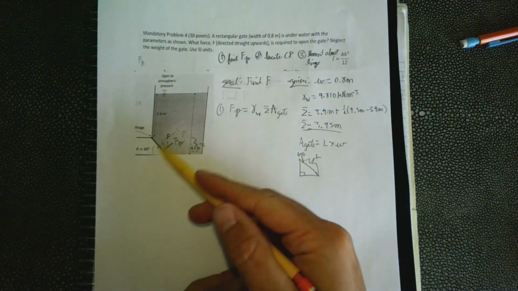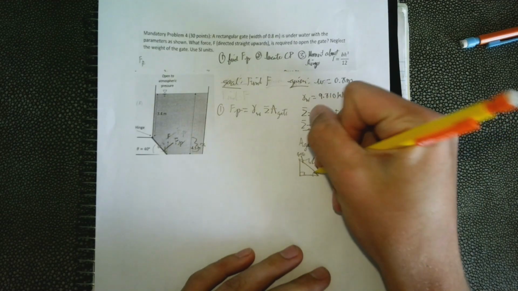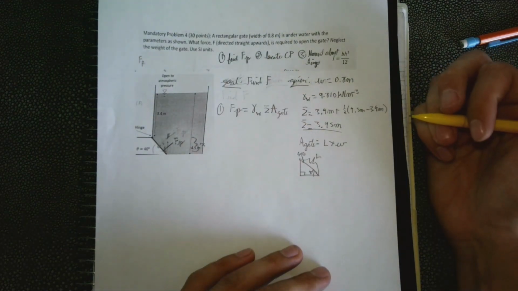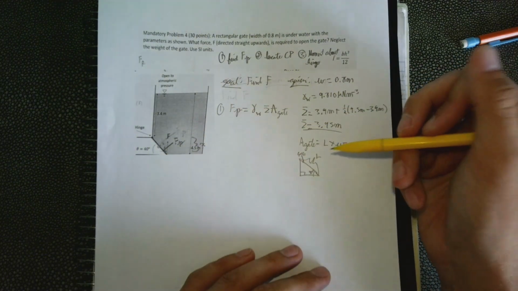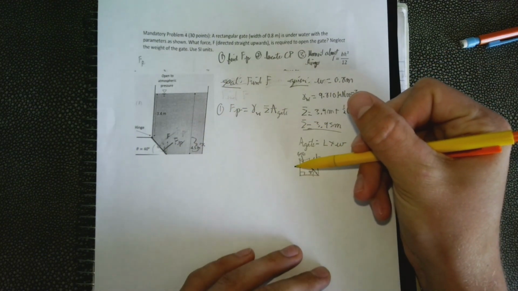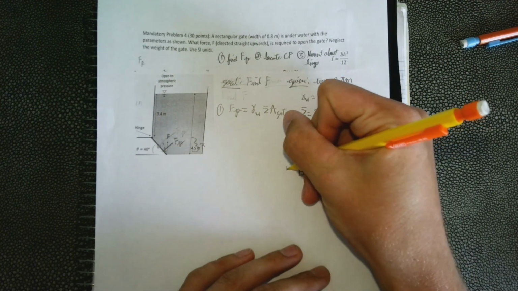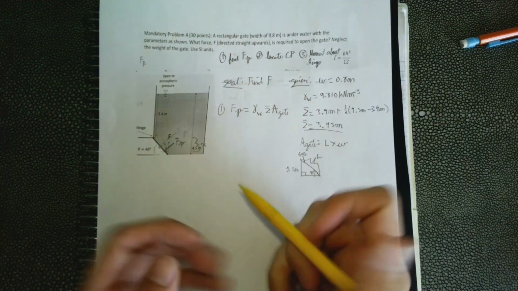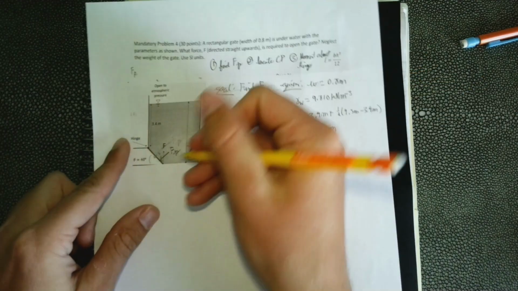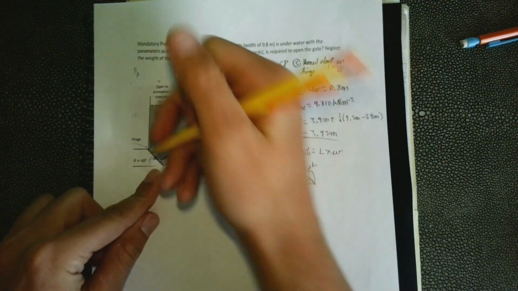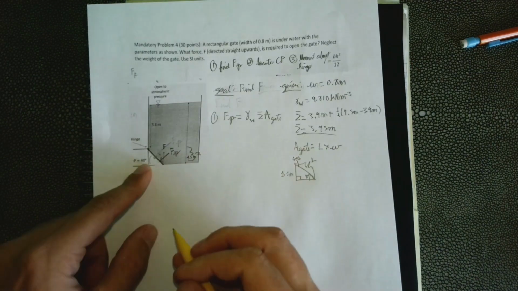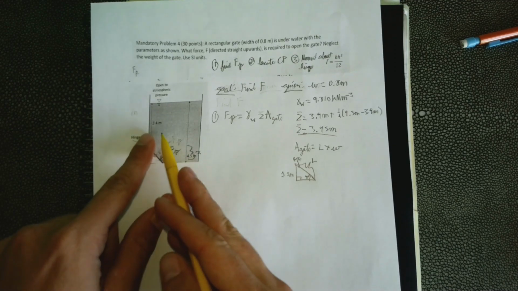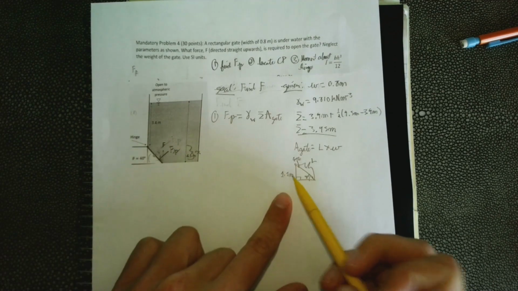From the diagram, we know this angle is 40 degrees, and we know this value is 1.1 meters. That's the x value: I did 4.5 minus 3.4 and got 1.1.